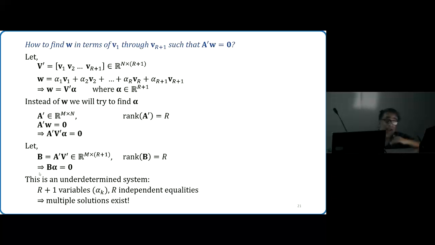So we have R independent equalities to satisfy, because this has R independent rows, but R plus 1 variables alpha k. So this is an underdetermined system for which we have multiple solutions. In fact, we have infinite solutions, right?